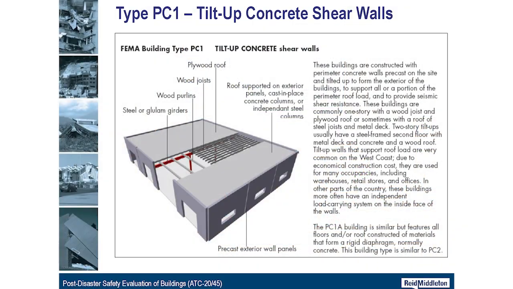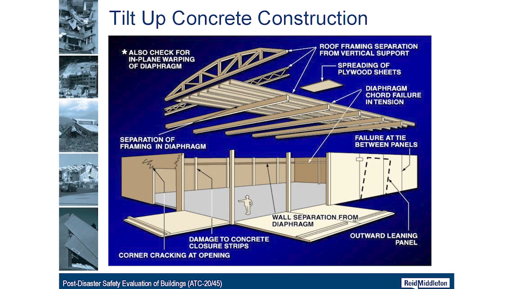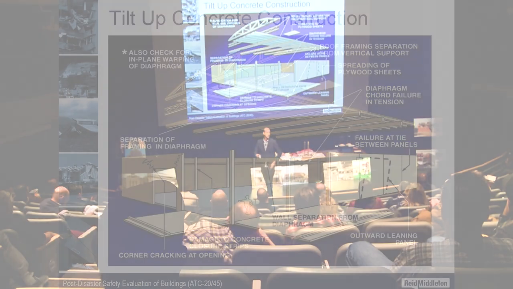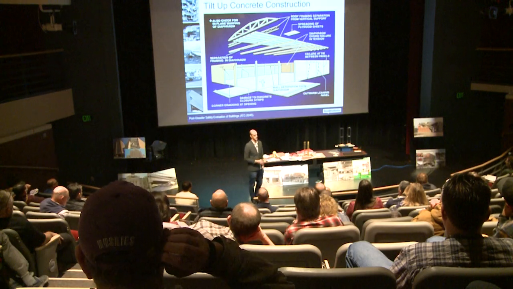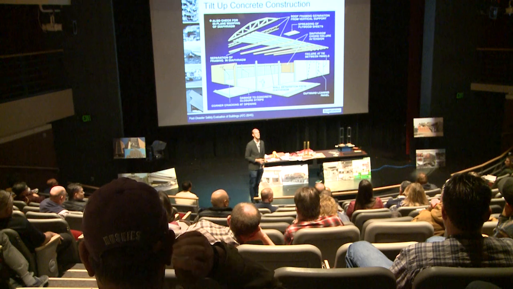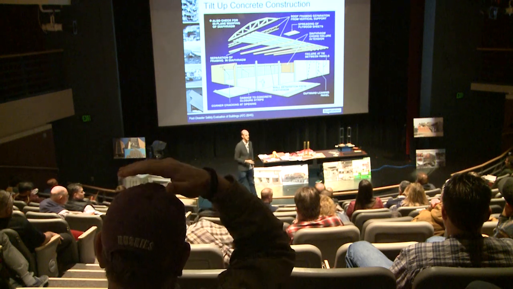Construction. Tilt-up concrete shear walls, another archetype of concrete construction where it's a tilt-up wall, meaning they pour it. They either bring it from off-site or pour it right on the site, and then they tilt up the walls together. It's very common for our warehouse construction, thank you.